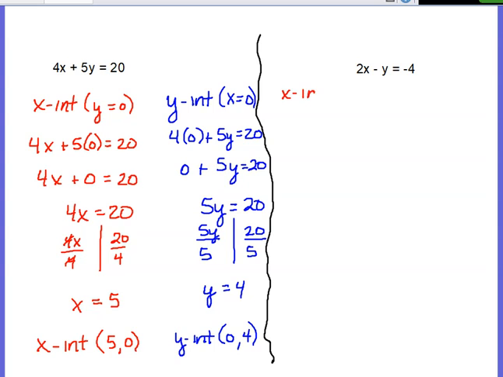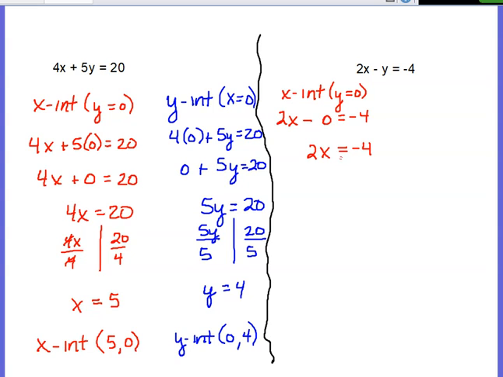So for this one, my x-intercept. Remember, x-intercept, y is equal to 0. So 2x minus 0 equals -4. 2x minus 0 is just 2x. So 2x is equal to -4.